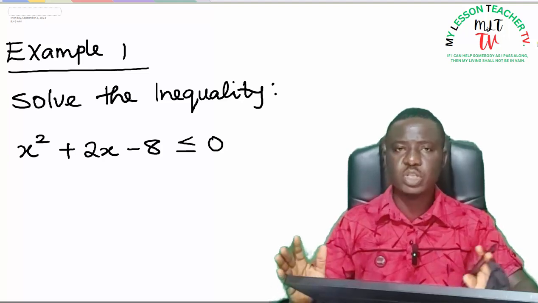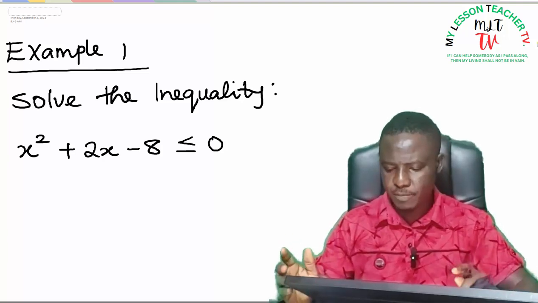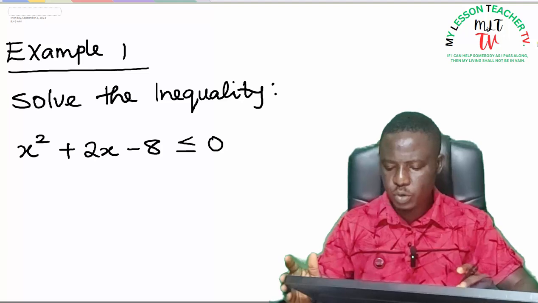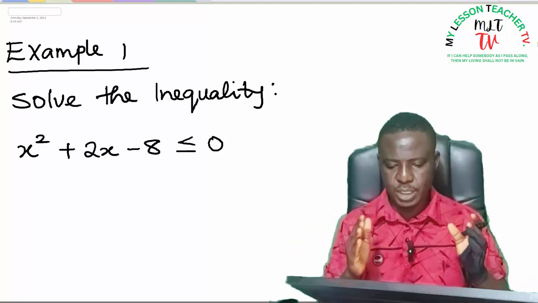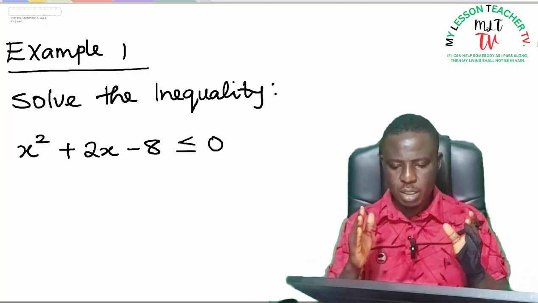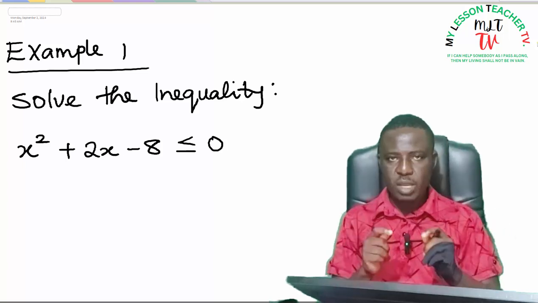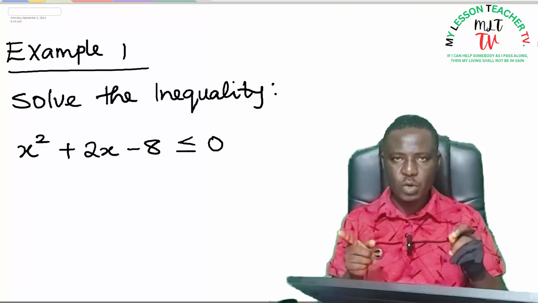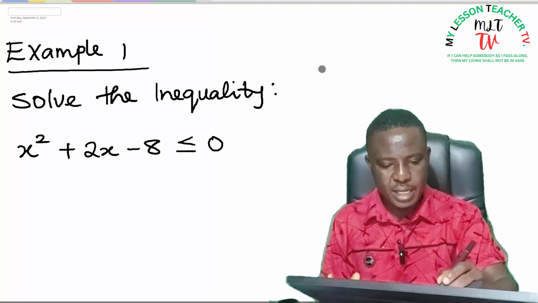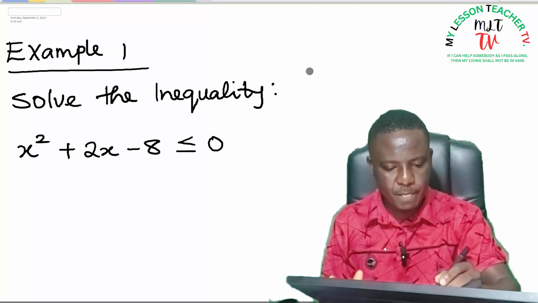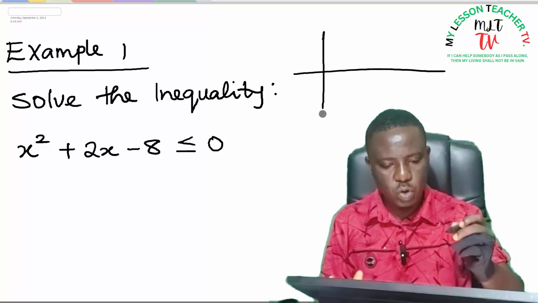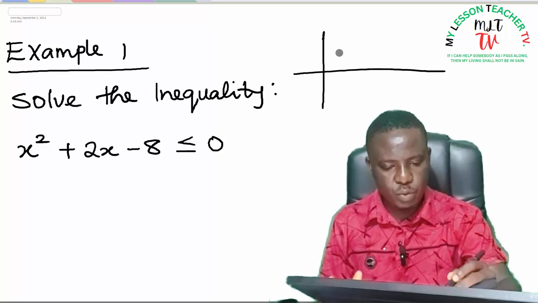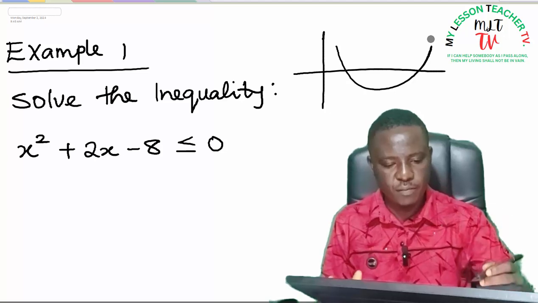Example 1 says we should solve the inequality x squared plus 2x minus 8 is less than or equal to 0. The first step in solving a quadratic inequality is to find the zeros of the inequality, whereby if you are to represent it graphically, it gives you a graph, for example a U-shaped graph.